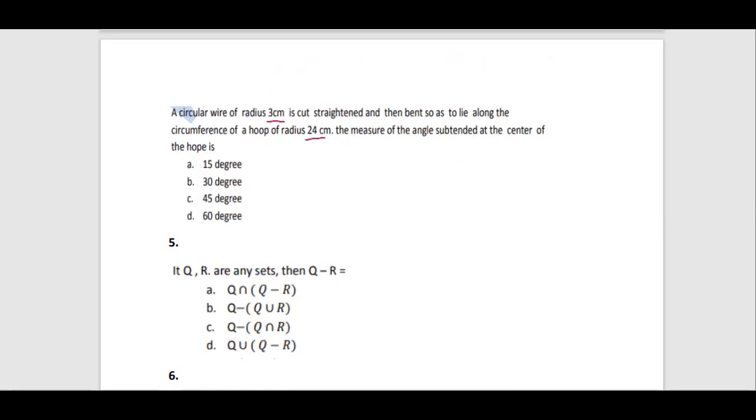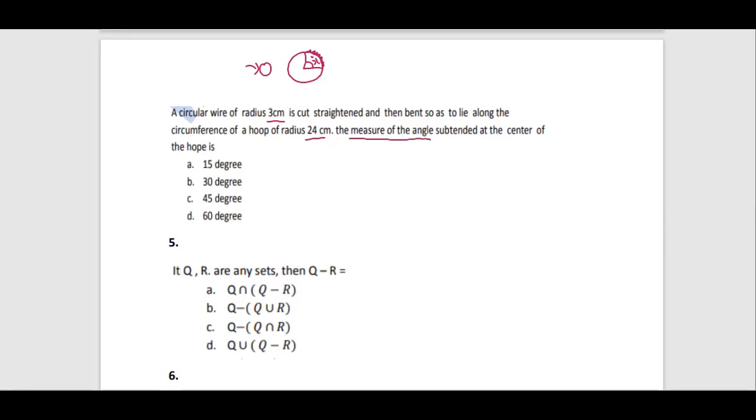Basically, this is a circle with radius 3 centimeters, and this is a circle with radius 24 centimeters. This circle is opened up to wrap around a part of this bigger circle. So we need to find this angle, the angle subtended at the center of the hoop.